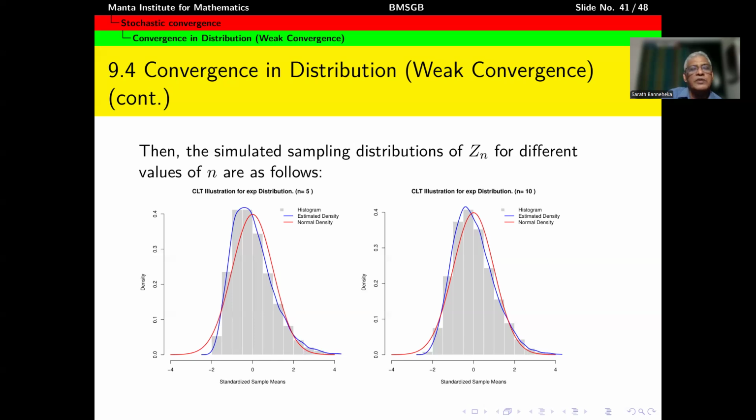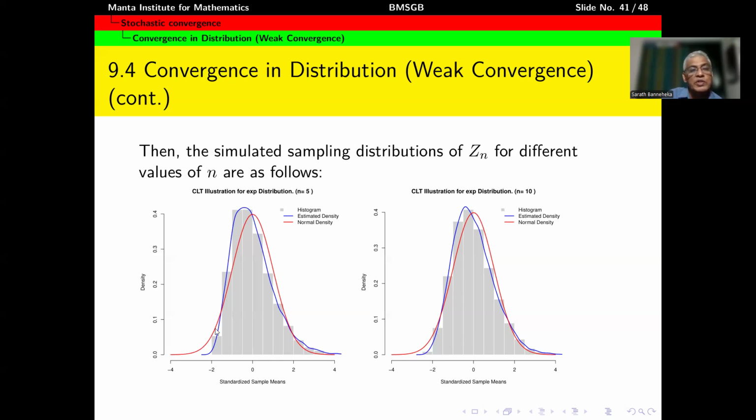I have generated 10,000 Z5 values, and this is the histogram. And the smooth density curve is this blue one. And in order to show that actually in that case, it is quite different from the limiting distribution, the standard normal distribution.